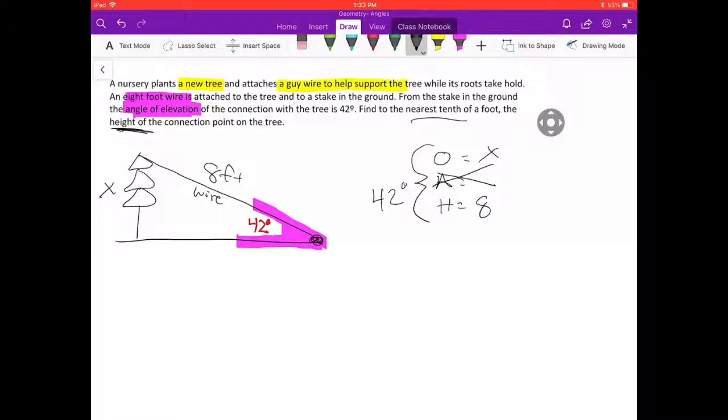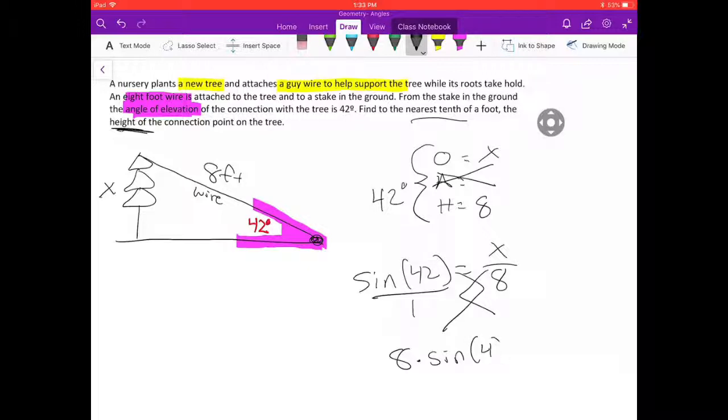So based on this, we are going to use the sine function, because we have our opposite and our hypotenuse. So if we set up sine of 42 equals x over 8, from here we want to solve for x, so we are going to cross multiply. 8 times the sine of 42 equals x.